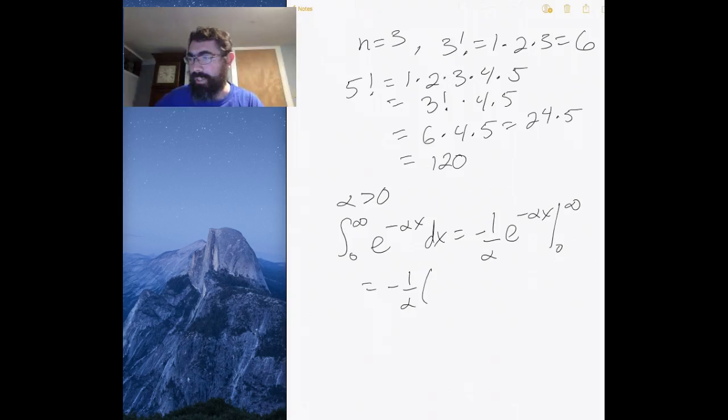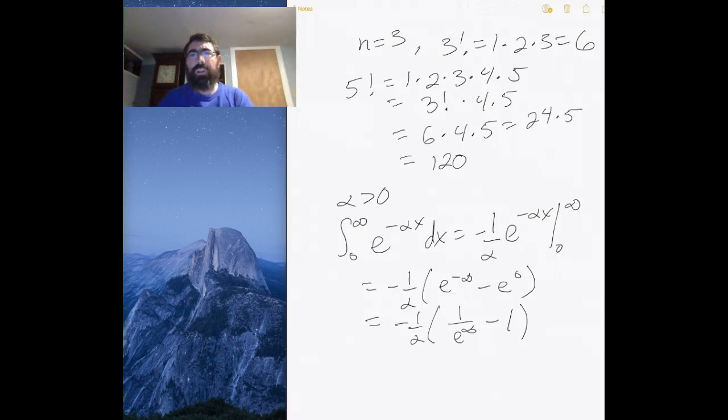e to the minus infinity, minus e to the 0. So I can rewrite this as minus 1 over alpha, and then 1 over e to the infinity, minus 1. 1 over e to the infinity is really just 1 over infinity, which is 0.